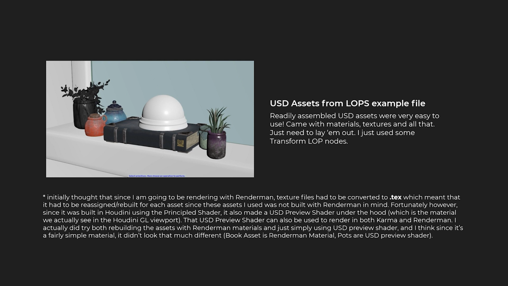So I also grabbed some pots and plants and a book from the Magic Market scene that SideFX already made previously, and it's also available to check out, download, and play around with for free. And what I did is I just basically grabbed some of those assets and brought them into my scene.